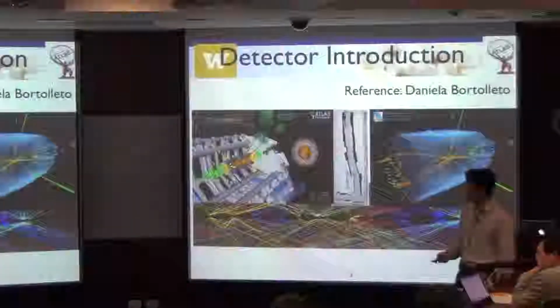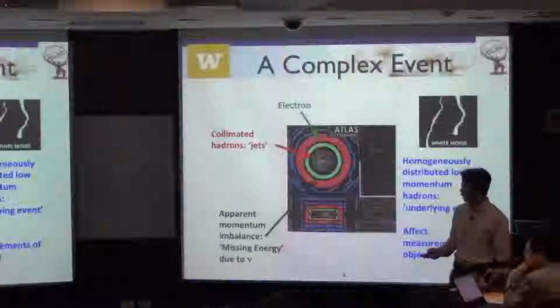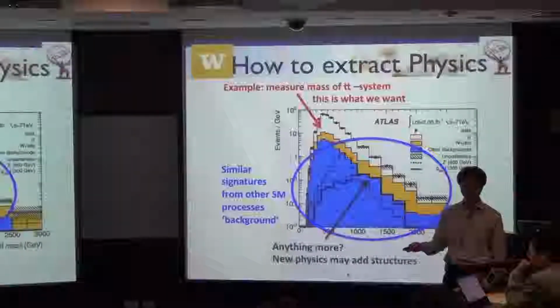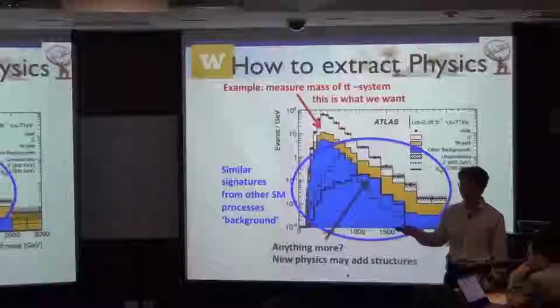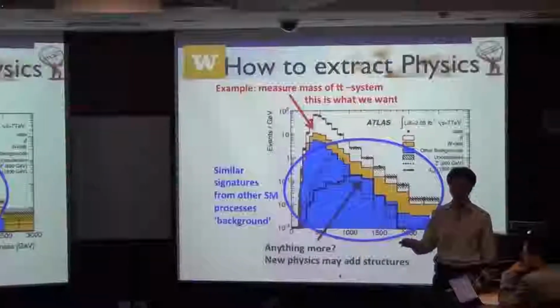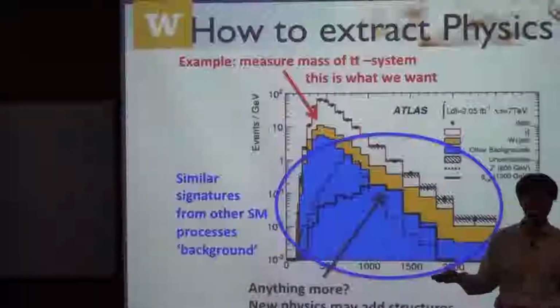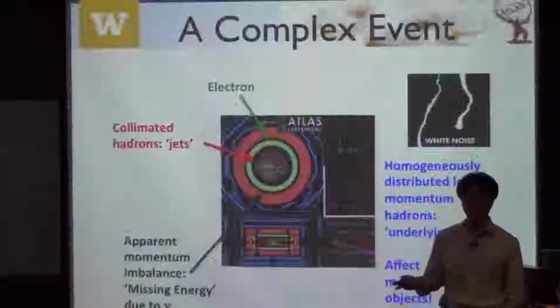Okay, so the idea is how we can produce this kind of kinematic measurement product. Because that's exactly what you can calculate using theory, and all of this distribution actually comes from this event display.